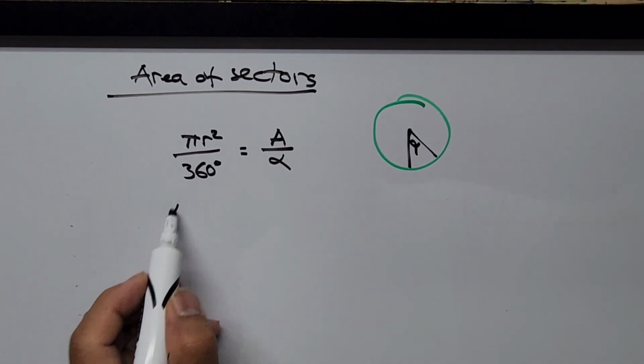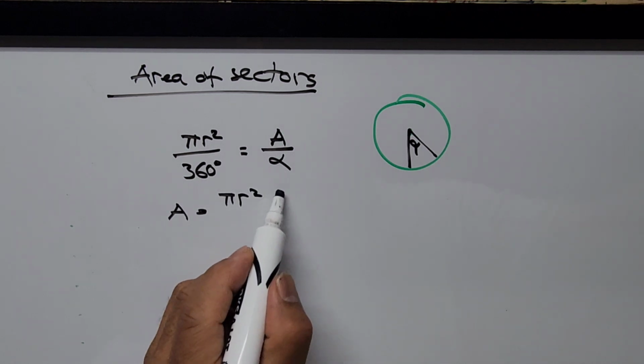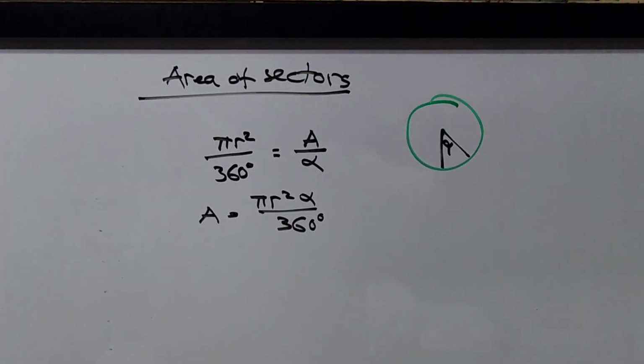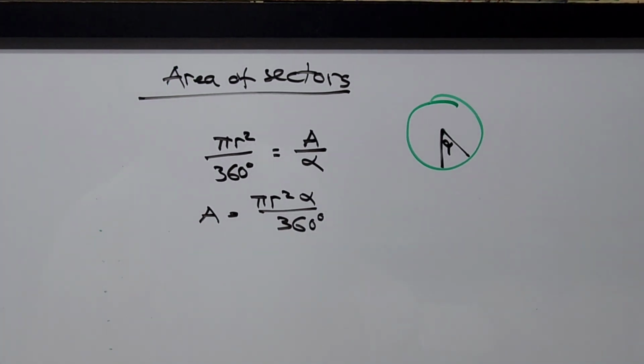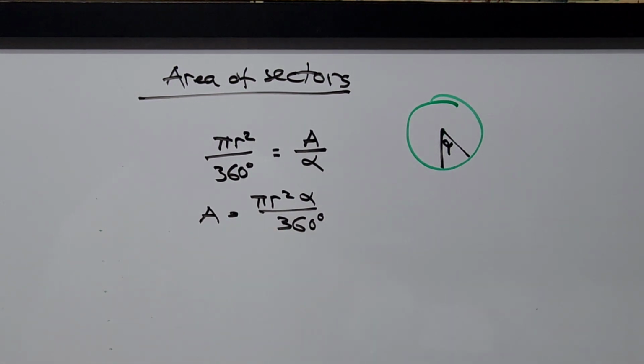So we have here area is equal to pi r squared times alpha over 360 degrees. And back to our figure, we need to determine the value of angle alpha to find the area of the sector.